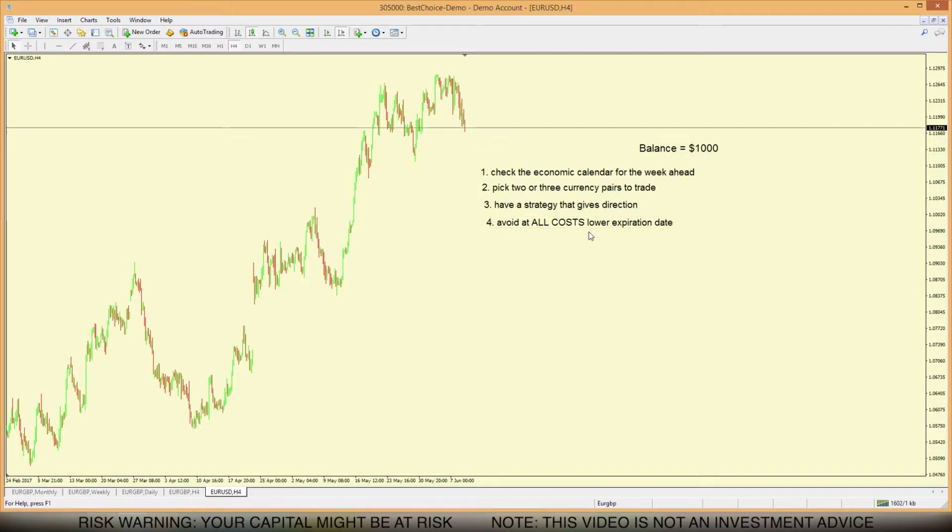You know, when you choose the expiration date of binary options, you have to choose from the expiration dates that the binary options brokers provide. Those expiration dates are not provided, let's say, by mistake.